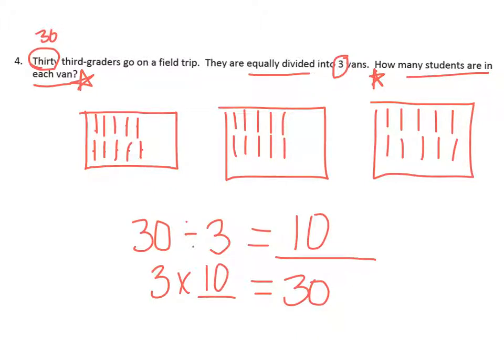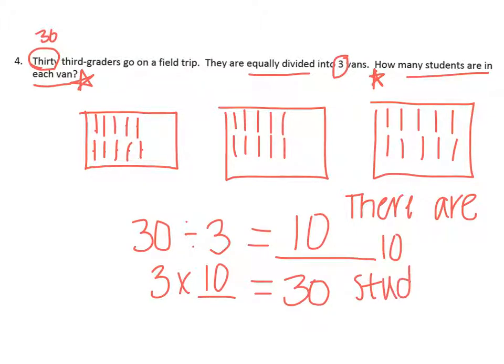So let me write that as a statement. There are 10 students in each van. Now, another way you could have solved this is you could have written down the threes until you get to 30.